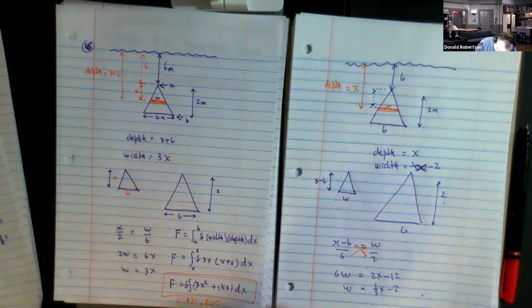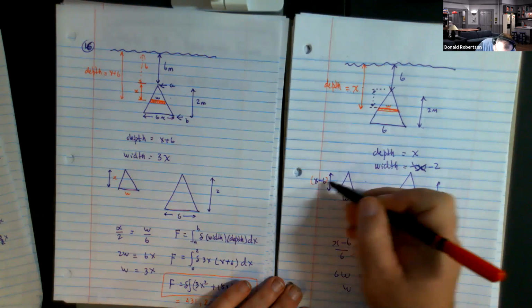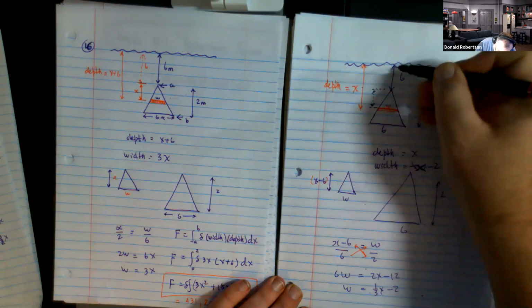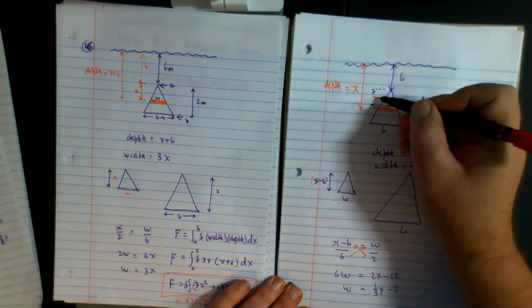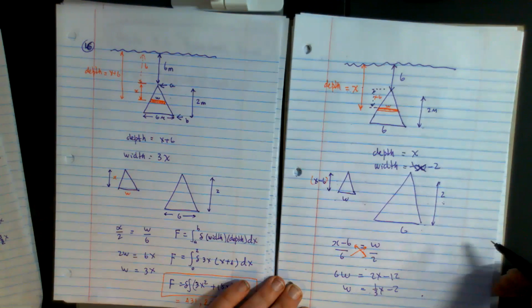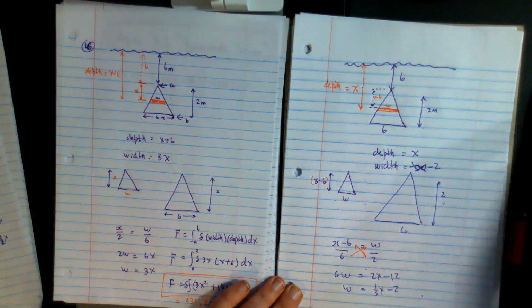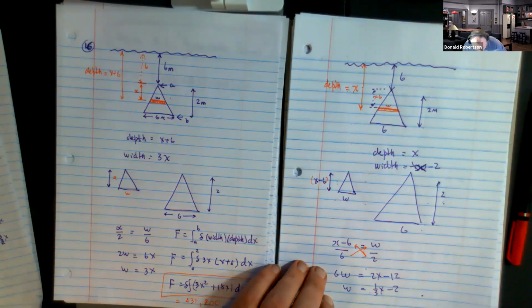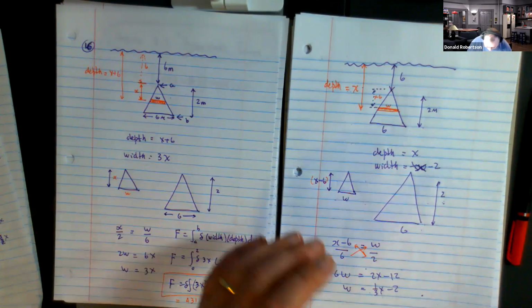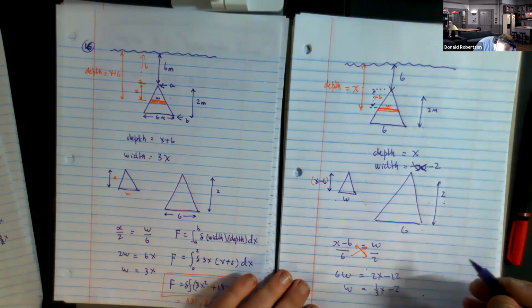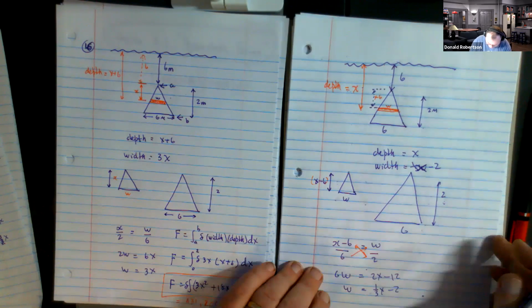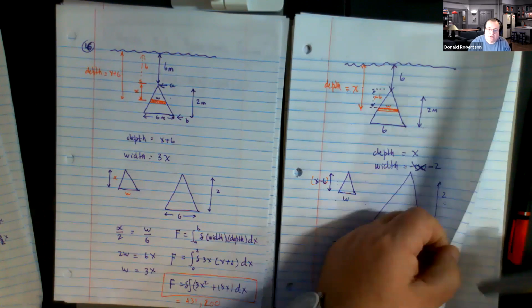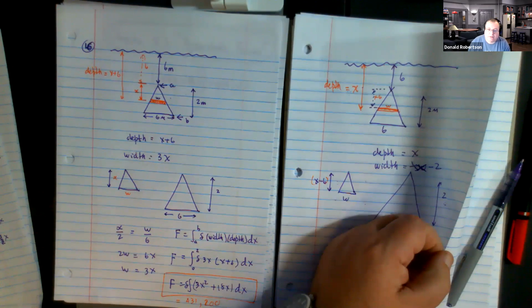The height of the smaller one is x take away 6. Yeah, so then wouldn't that be over 2? Oh, you just mean compare? Oh, darn it. I know what you're saying. I'm just not listening. Yes, you are right.